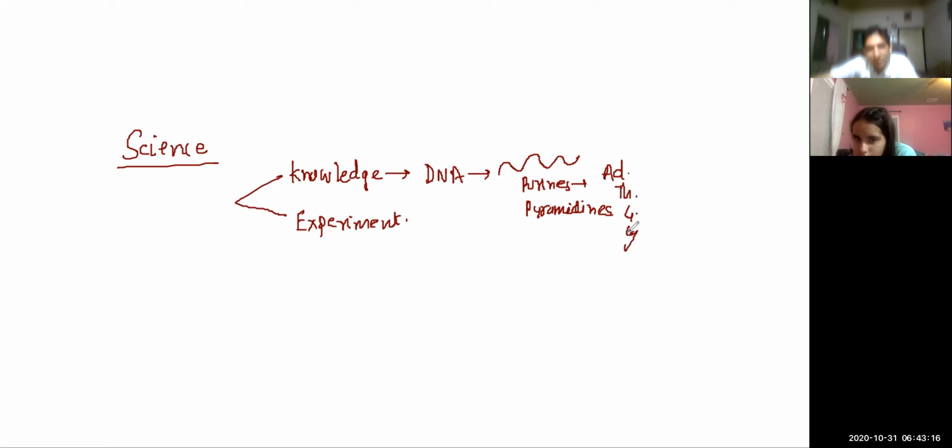These are the four different bases which make up the DNA. They try to scare you with these difficult words as if they are some ghosts. Adenine, guanine, thymine. You will think, oh my God, am I on Earth or have I reached the Moon?